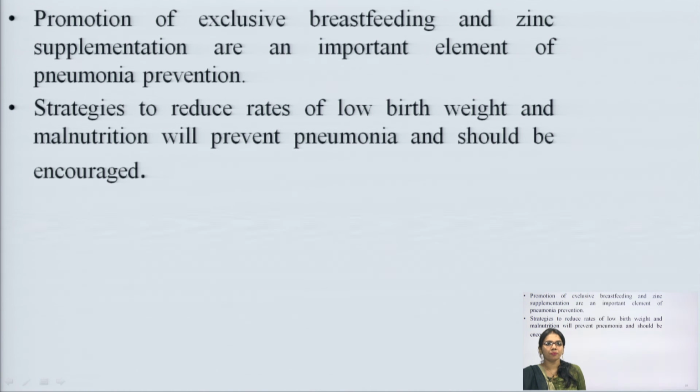We have to remember all these parameters which I discussed in the slides: avoid close contact, and cover the nose and mouth when coughing and sneezing. So, we can prevent each and every person from this acute respiratory tract infection, or we can say prevent the person from pneumonia.